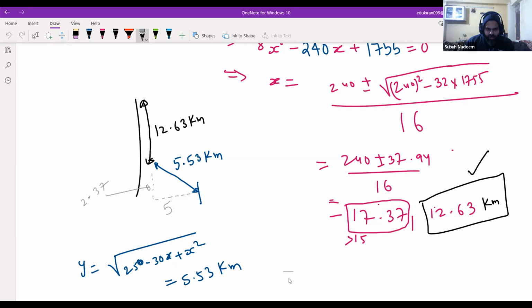So 5 square plus 2.37 square is coming out to be 30.6169.